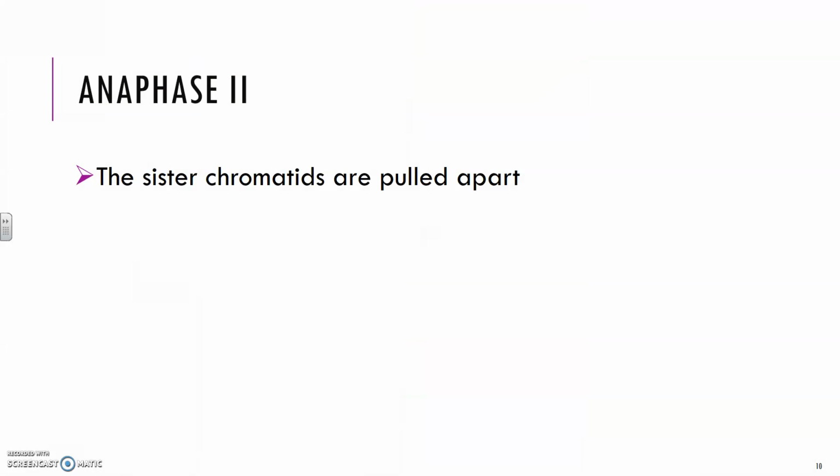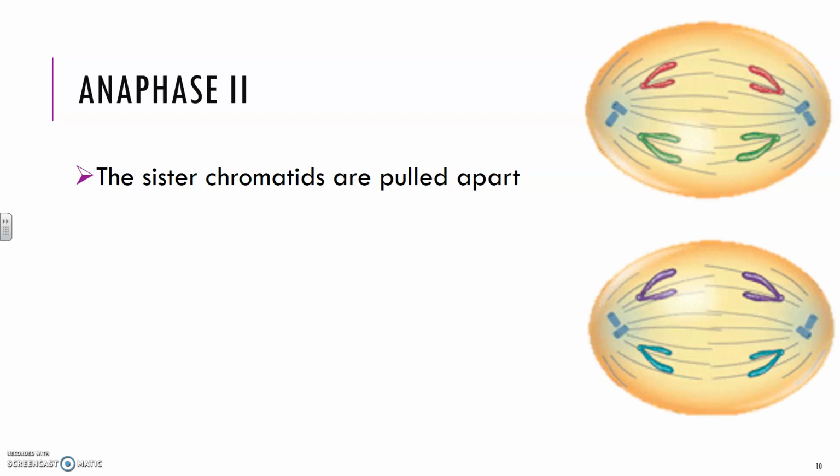They are haploid, and they are still duplicated, so they have the sister chromatids. During anaphase 2, the sister chromatids are finally pulled apart, very similar to regular anaphase in mitosis. Just remember, in anaphase 1 the entire homologous chromosomes are separated, while in anaphase 2 the sister chromatids of those chromosomes are pulled apart.